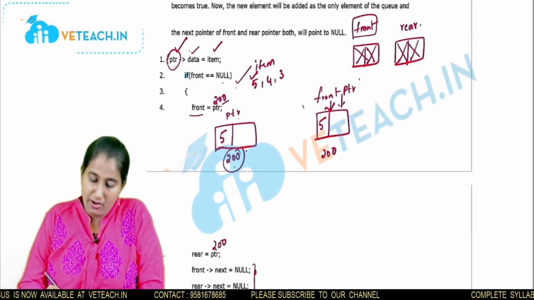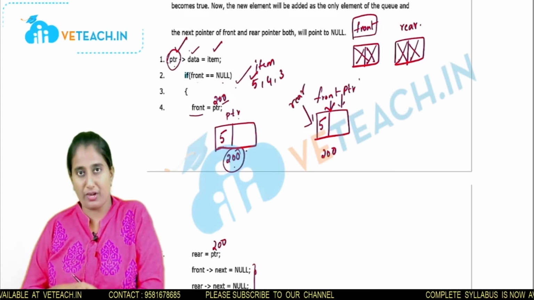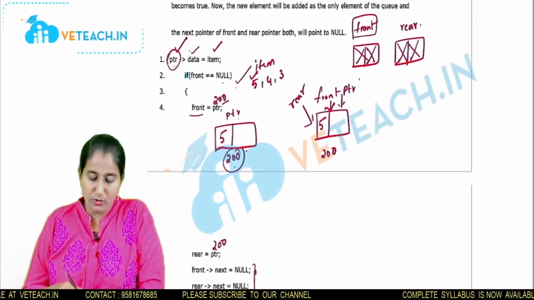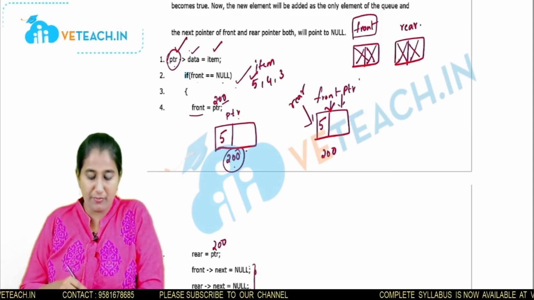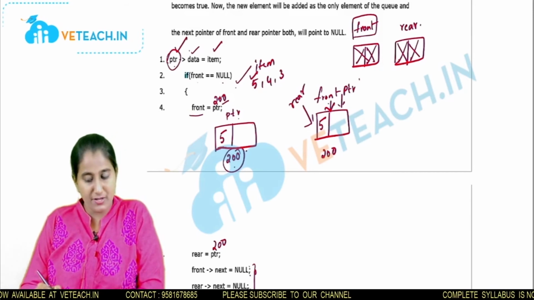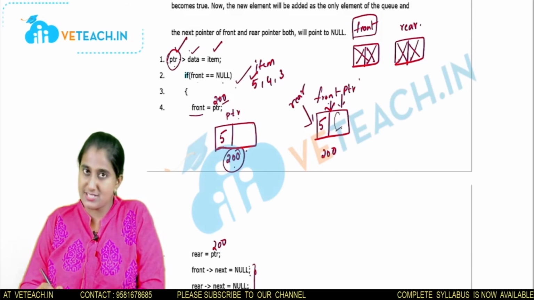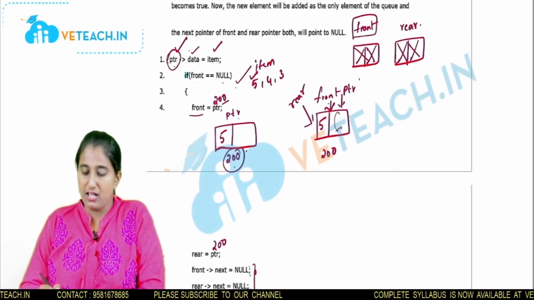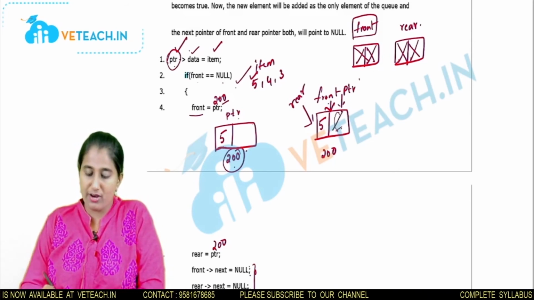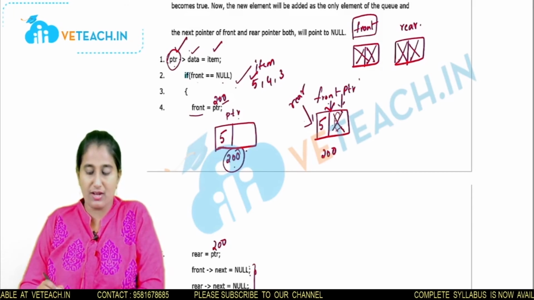So it means that rear is also pointing to the 200 location. Next, the two steps: we should update front next as null and rear next as null. Front next means this part, which, as I said, can be called next or also link. So I am assigning null. Front and rear are both the same, so we just updated with null.